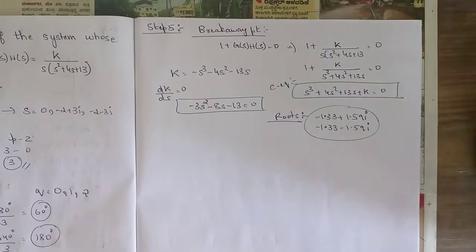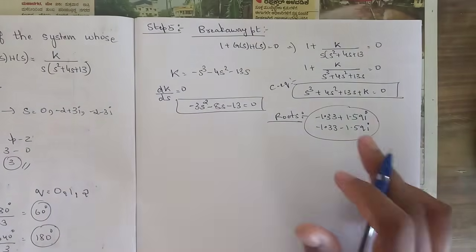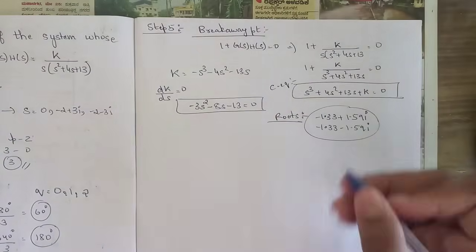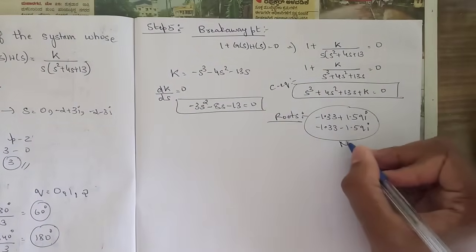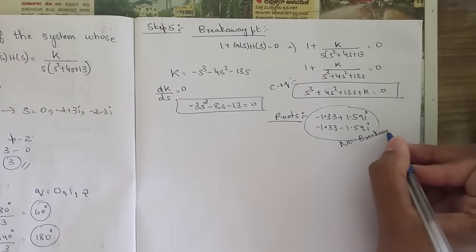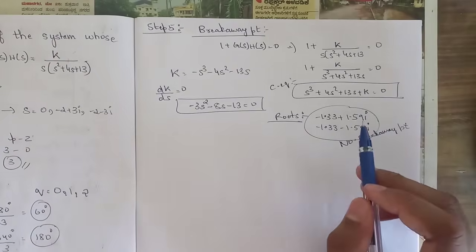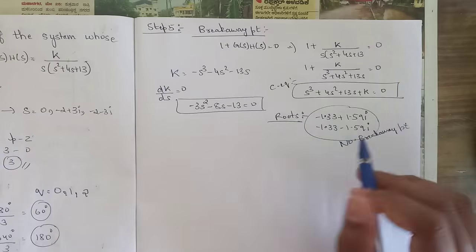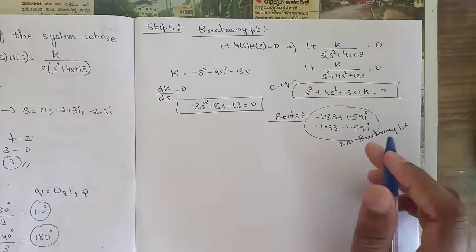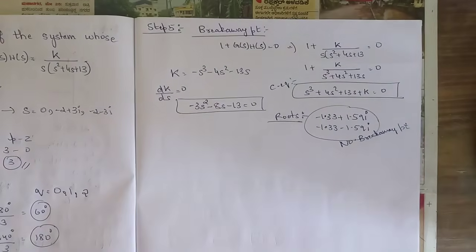whenever we have a quadratic equation and the roots which we obtain here are both complex, we can directly write it as no breakaway point exists. Because whenever we get complex roots, we don't have any real roots along with that, so that's why no breakaway point would exist in this case.